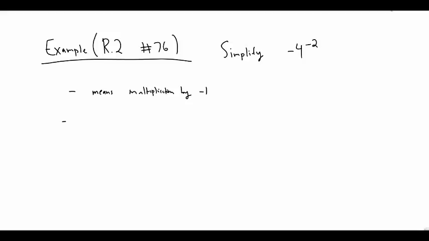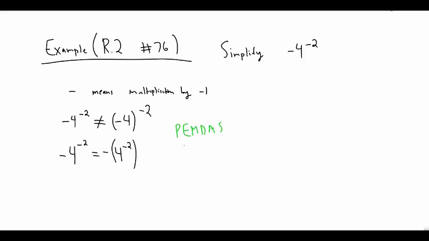Now you don't want to think of this as -4, that to the exponent -2. It's correctly interpreted as we do the exponentiation first, and then the multiplication. Remember, PEMDAS. Exponentiation before multiplication.